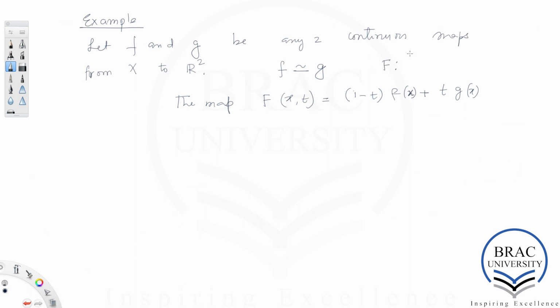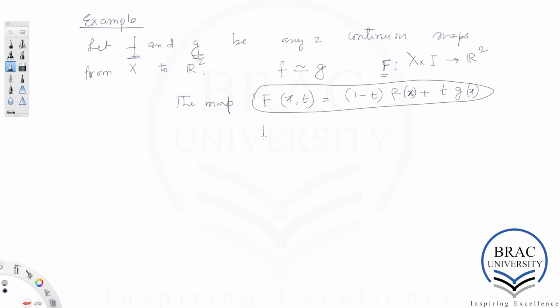If we define this map F from X cross I to R2, then F is clearly a continuous map from X cross I to R2 using the continuity of f and g.